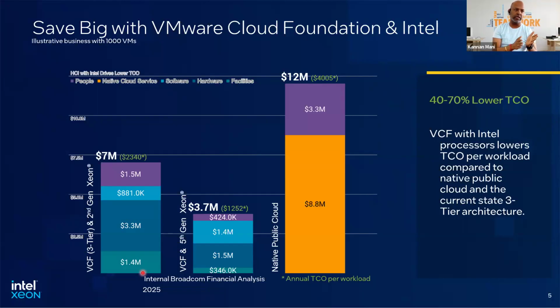But if you compare that with any public cloud or native cloud, you see the increase. So you're getting the best of both worlds: good consolidation from the technologies Intel Xeon brings in, and the best of VCF, which helps accelerate your current workloads and additional workloads on top of it.